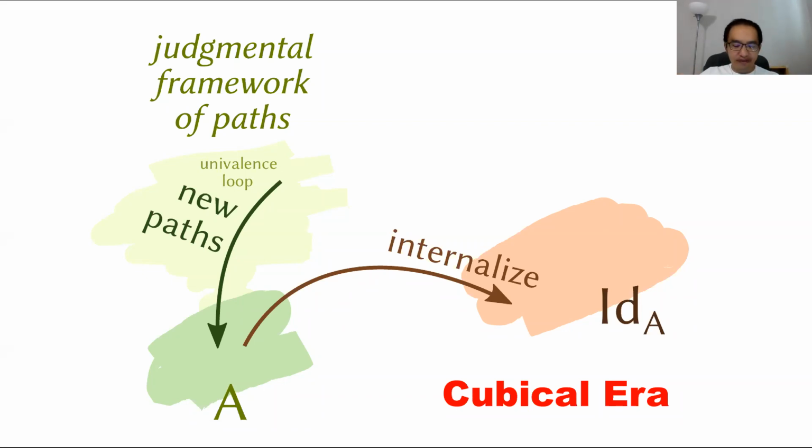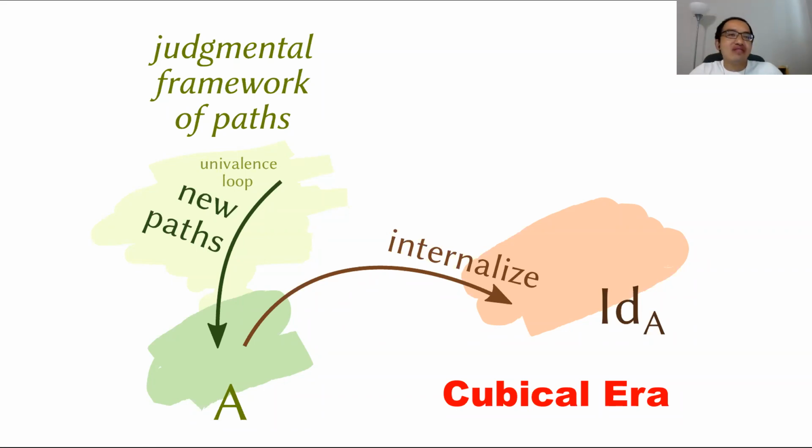This is a problem because there are new things added into ID of something, which is different from A. So ID A is different from A. You internalize the path in A as ID A, and then you're throwing something extra in the derived thing, and you expect the original thing to magically know that you have changed the derived thing, so it has to also act magically to deal with them.